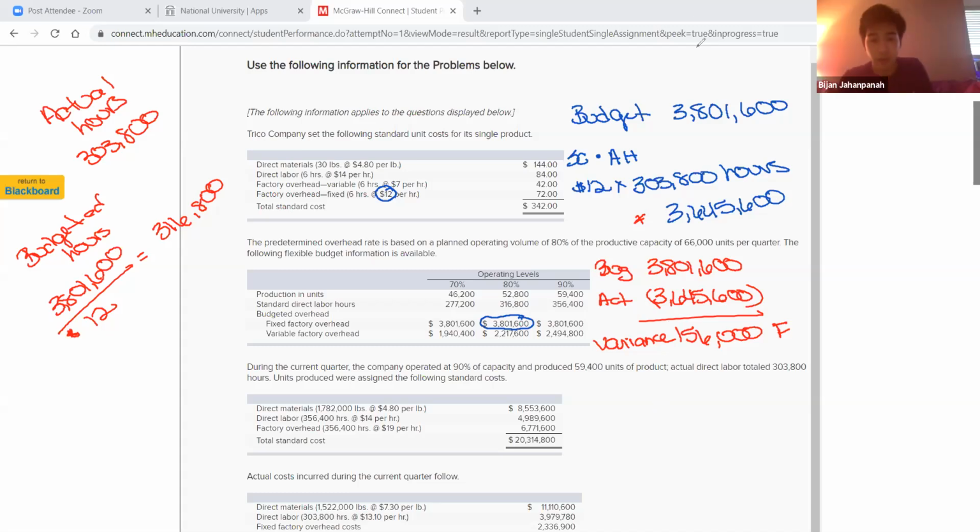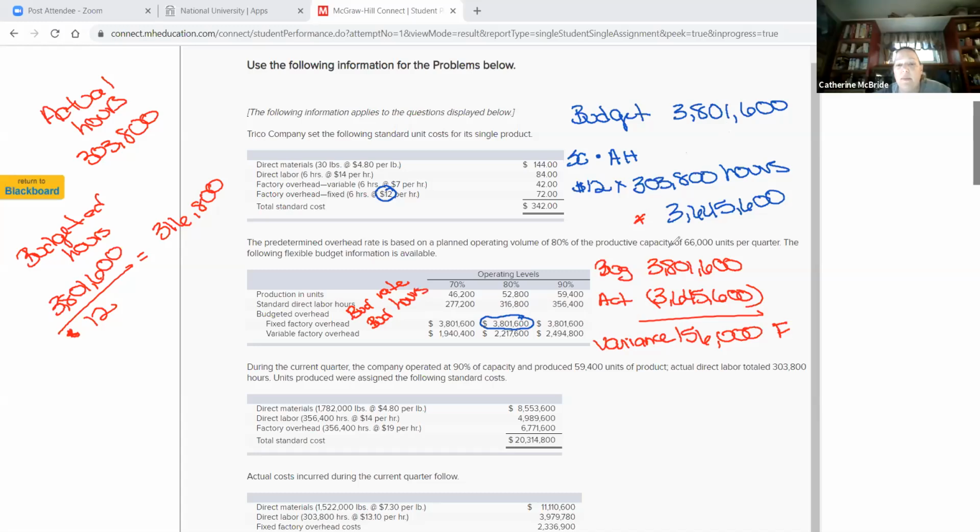Quick question, Professor. The 3,801,600, that's a monetary amount. So are we just supposed to assume it's an hourly thing? That's what you're doing, you're separating the hours. In this one, you have the budgeted rate and budgeted hours.